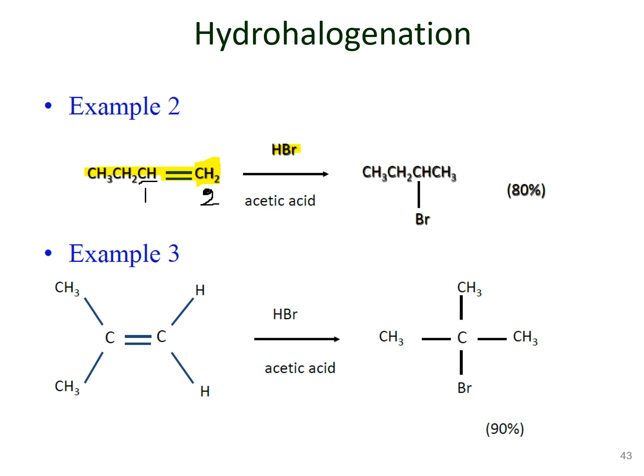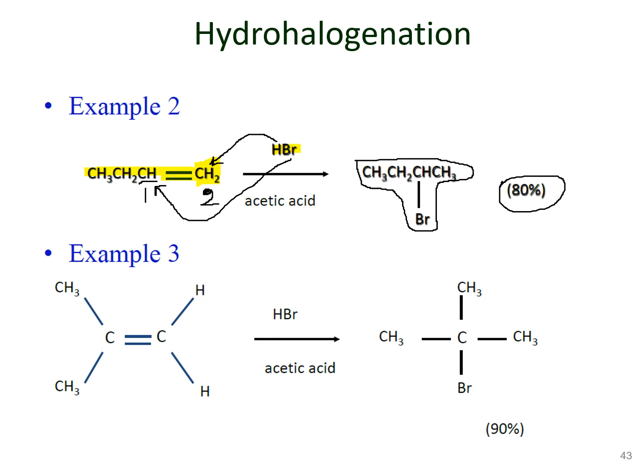According to Markovnikov's rule, the hydrogen will go to the carbon that has more hydrogens most of the time, as I said. When this happens, this will be the product formed. Hydrogen went to the rightmost carbon, and the halogen went to the other carbon, which was this one, and this will result in this product, and this will happen 80% of the time. In the remaining 20%, the opposite can happen as well.